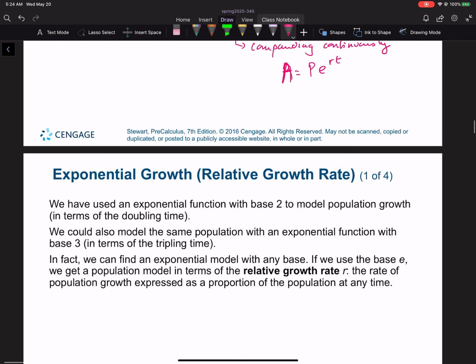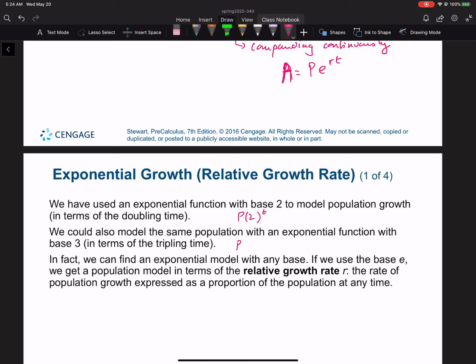So based on what we just did, we can see that when we did doubling time, we had an initial amount and we had our growth factor, which was in this case doubling, and then we had it raised to the what? Raised to the t. We could have also said the same case if we were tripling. You have a tripling time.